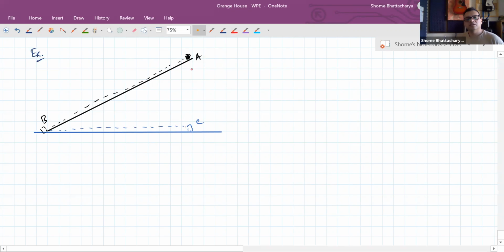And then from C we lift it back to the position A, where this height is h.